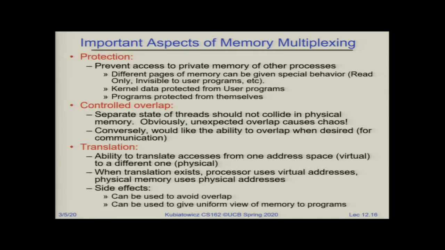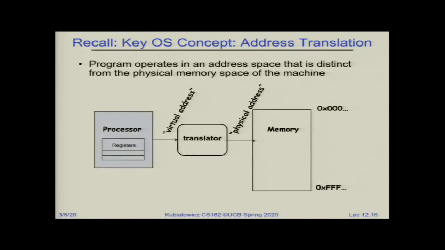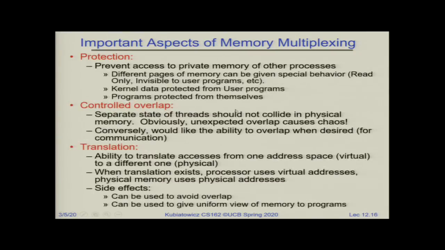And then finally, translation is really the ability to translate accesses from one address space to the other, where the way we think of this here is we think of the virtual address space and the physical address space, one's translated into the other, and they're separate from each other, okay? And the side effect is kind of translation's king, which is why I talked about it last, because basically you can use translation to avoid overlap.